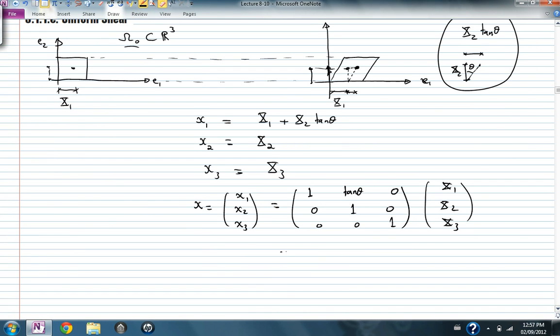I'm going to call this matrix M. Therefore x is equal to MX, and the displacement vector is equal to the new position vector minus the old position vector, which is equal to MX minus X, which is equal to M minus I multiplied by X.